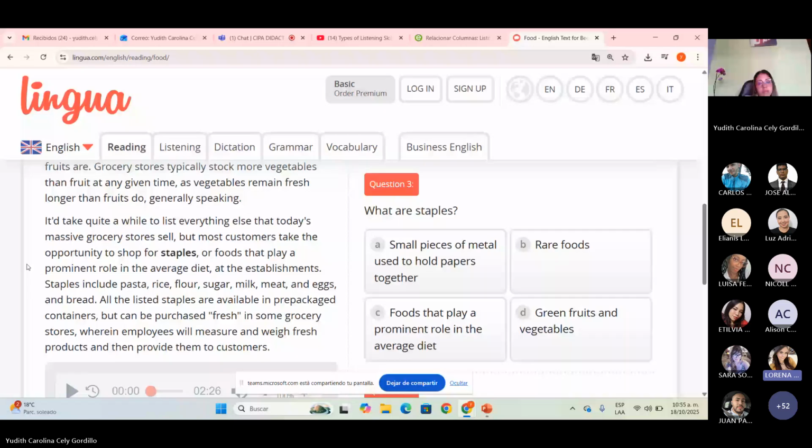Staples include pasta, rice, flour, sugar, milk, meat, eggs, and bread. Other listed staples are available in prepackaged containers but can be purchased fresh in some grocery stores, wherein employees will measure and weigh fresh products and then provide them to customers.